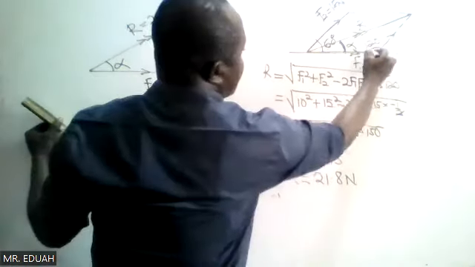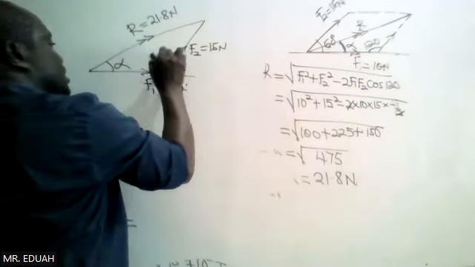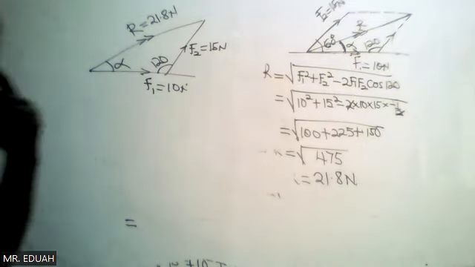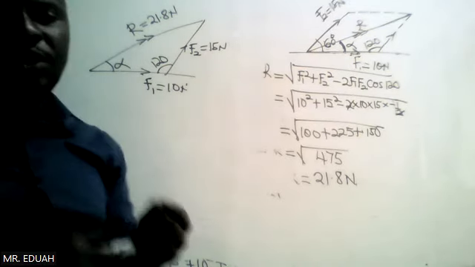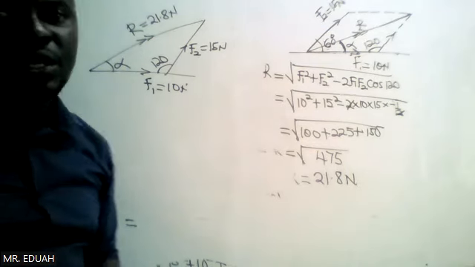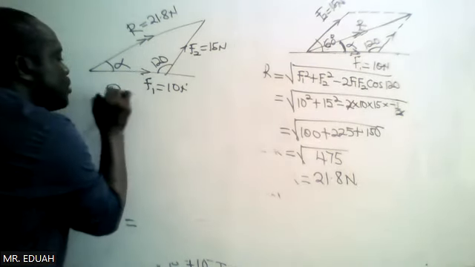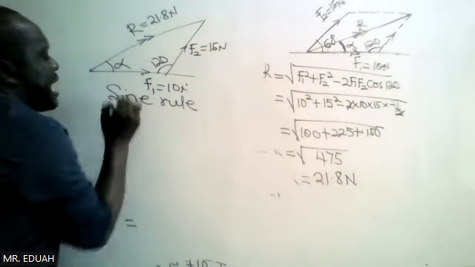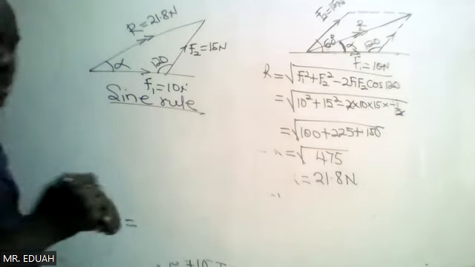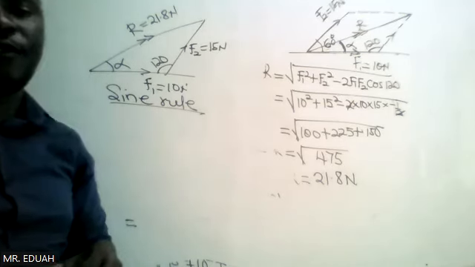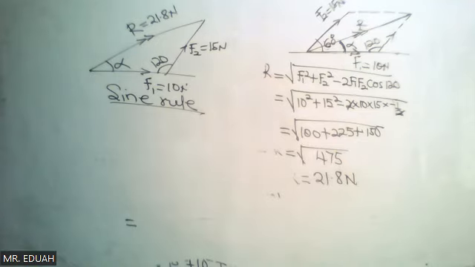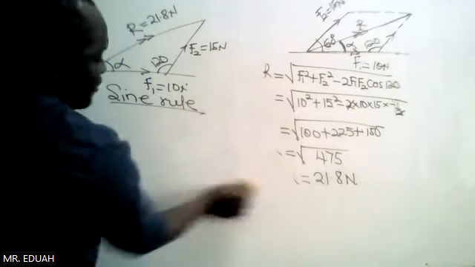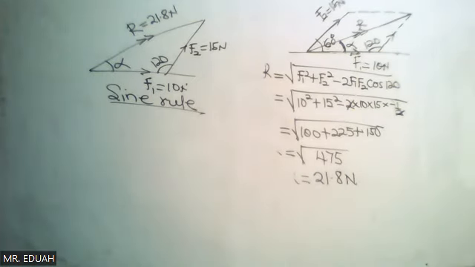We haven't changed anything, so this is still 120. In looking for the angle, one method of determining this is using what we call the sine rule. Don't forget, we use the cosine rule for the resultant force, and we are using the sine rule for the direction of the resultant force.